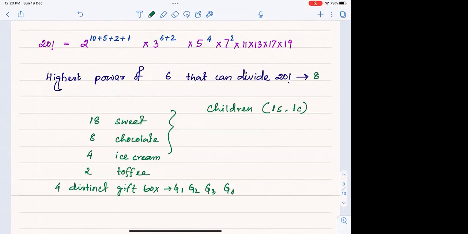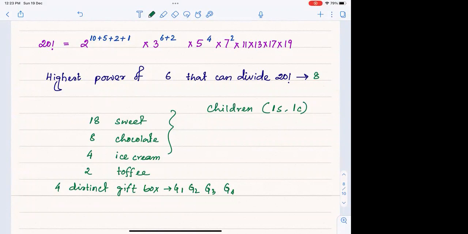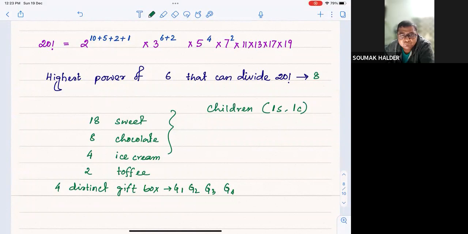Then 2 to the power 2 can be given by 4, 8, 12, 16, and 20. So aren't we considering them twice? Yes, sir, 2 square. So we are considering them twice, right?